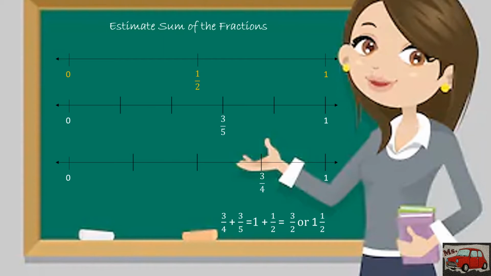So, 3/4, when we estimate that, that is 1. Okay? Nasa gitna siya ng 1/2 at saka ng 1. So, since gitna, i-round up na natin siya into 1. Yung 3/5, mas malapit siya sa 1/2. So, yung estimate ni 3/5 is 1/2. So, 1 plus 1/2, that is equivalent to 3 over 2 or 1 and 1/2. Okay? So, ganyan lang yung pagkuha ng estimate sum of the fractions.